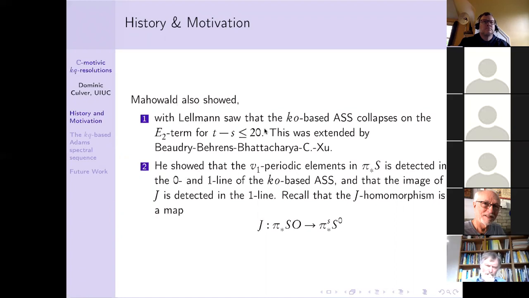It's a map from the homotopy groups of the infinite special orthogonal group to the stable homotopy groups of spheres. Okay. So these are some things that Mahowald was able to do with the KO-based Adams spectral sequence. So that's one side of the motivation behind this project.